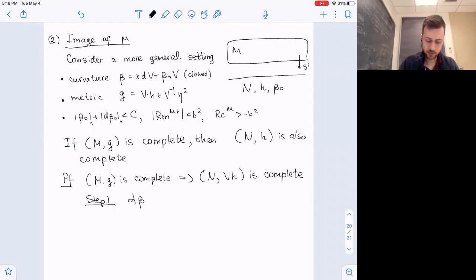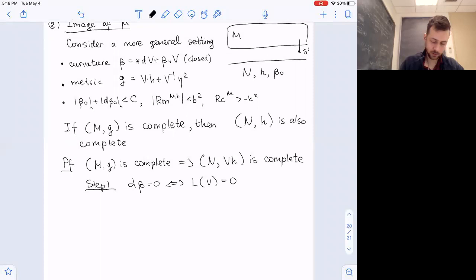The fact that it's closed gives you a second order elliptic equation on V. And it happens that it will be equivalent, so this is an equation essentially on N. But you can consider the same function upstairs on the manifold M, and the corresponding equation on M will be something like the Laplace equation with respect to metric G of your function V equals V inverse multiplied by a bunch of stuff, which you essentially can control.